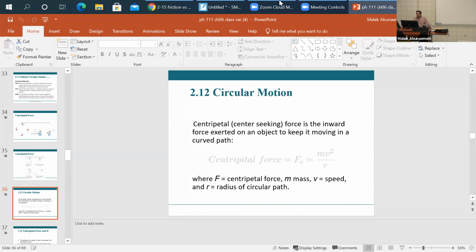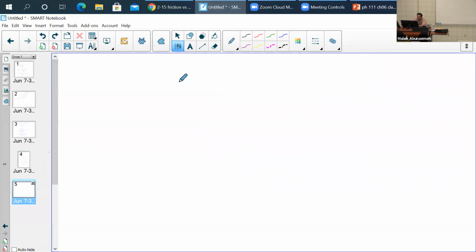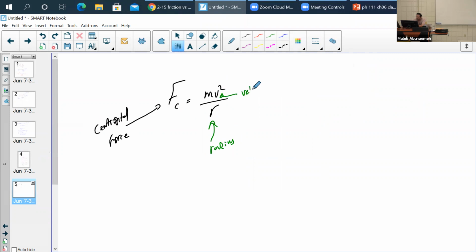Centripetal force is going to equal mv squared over r. R is your radius, v is your velocity, and m is your mass.